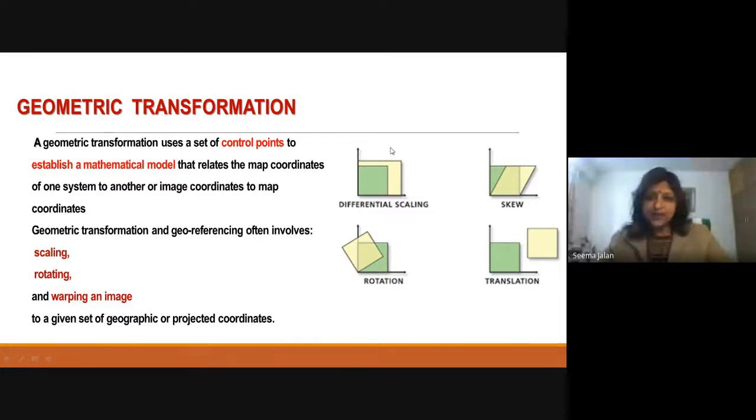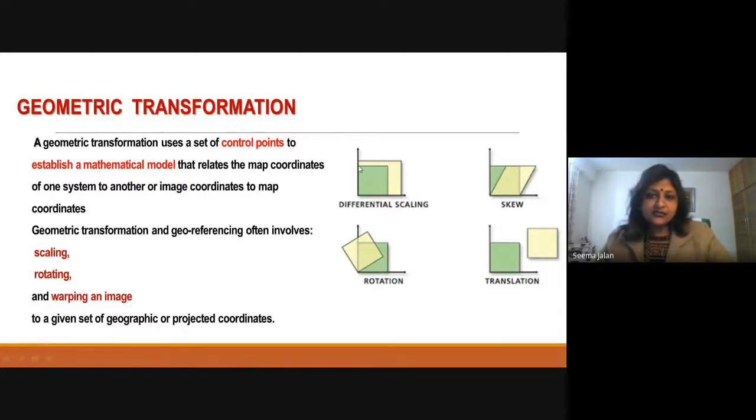As you can see here, this green one is my input map. When I run geometric transformation on this input map, I will get some output map, which may be like this cream one. The output map may be larger than the input map.